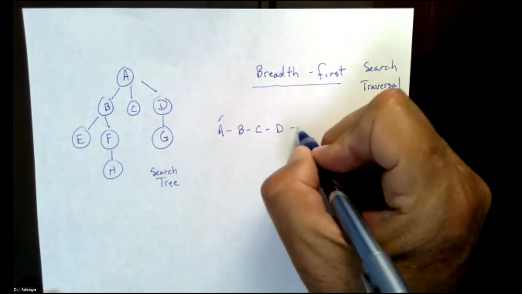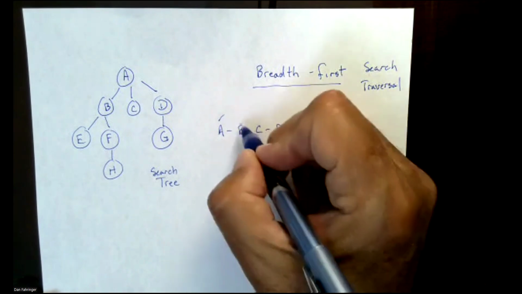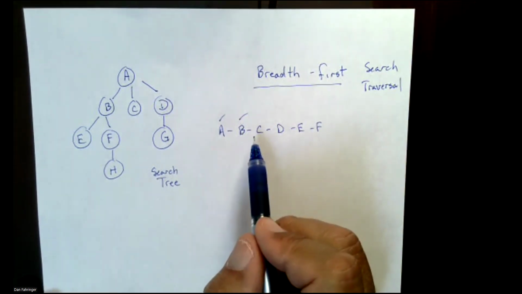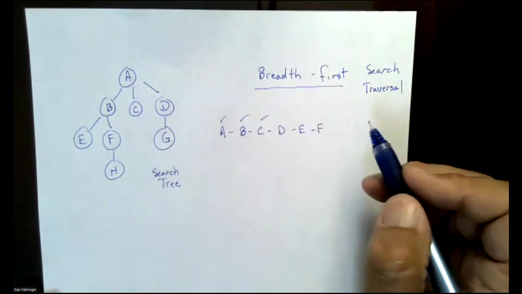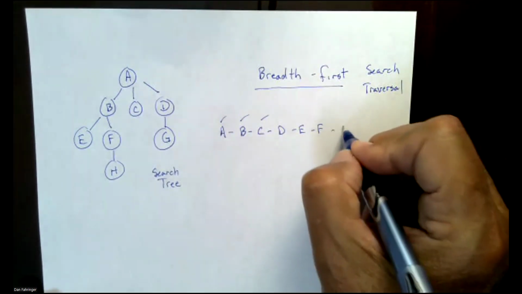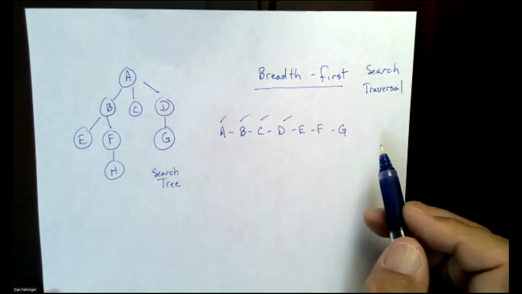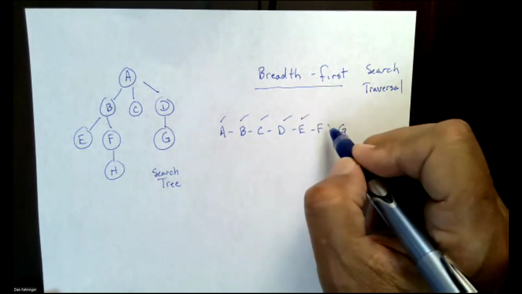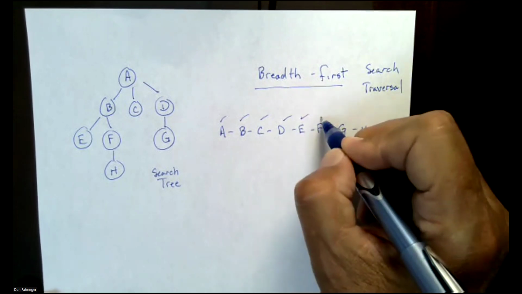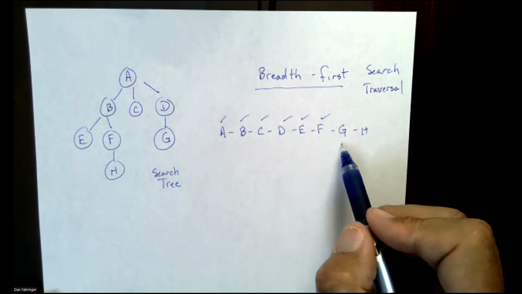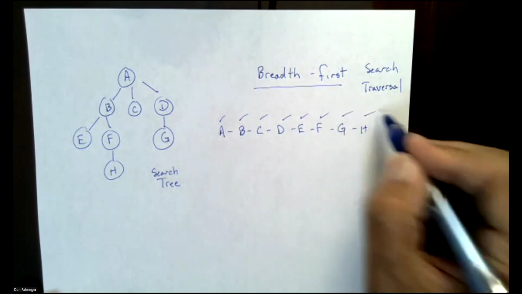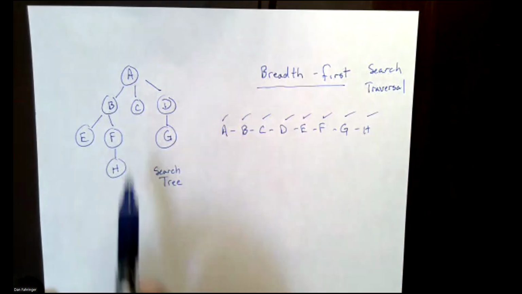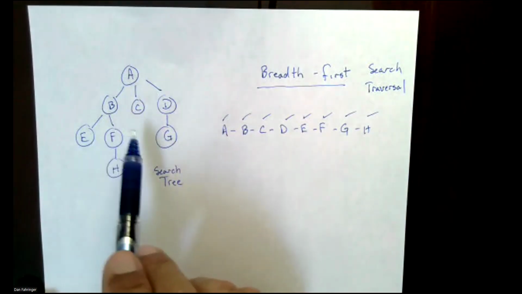B goes to E, B goes to F. I'm done with B. Where does C go? Nowhere. Where does D go? D goes to G. E is done. F goes to H. G goes nowhere. H goes nowhere. So instead of going down, we're going wide.